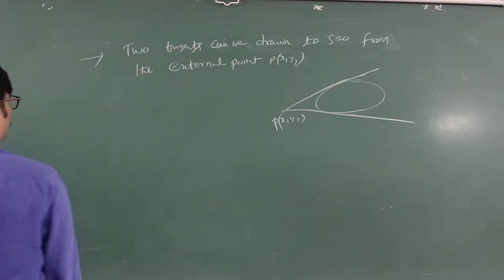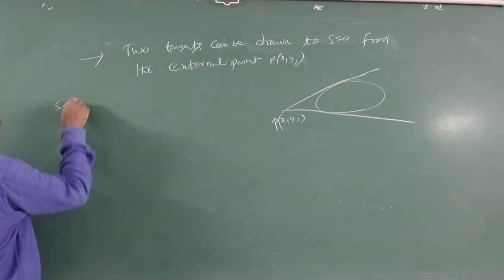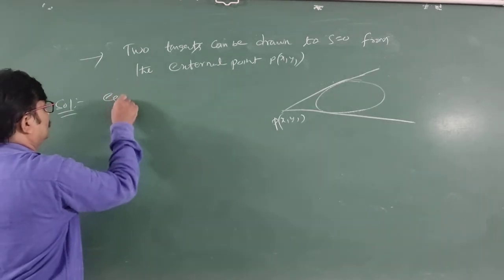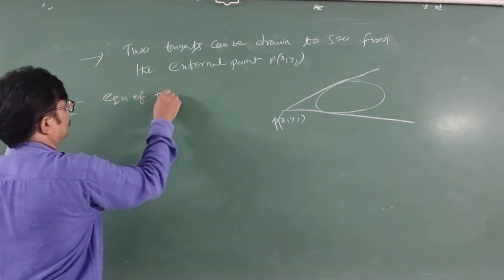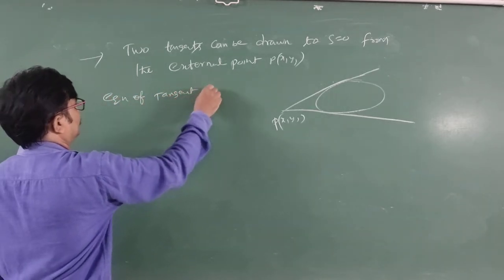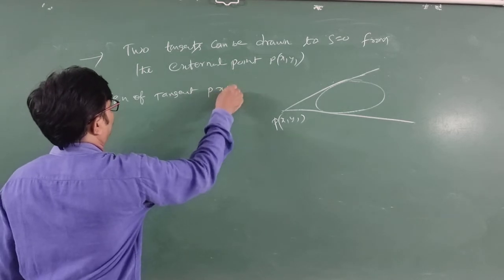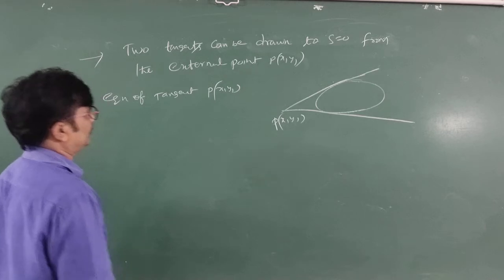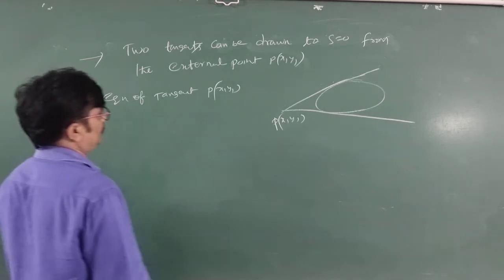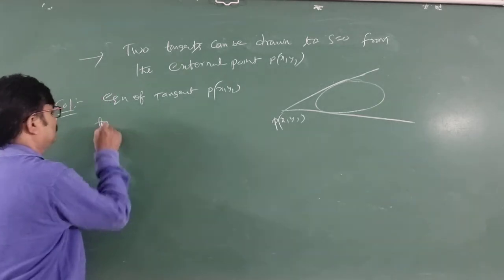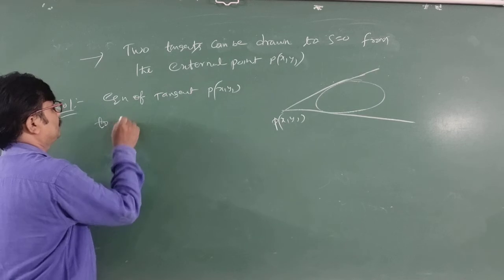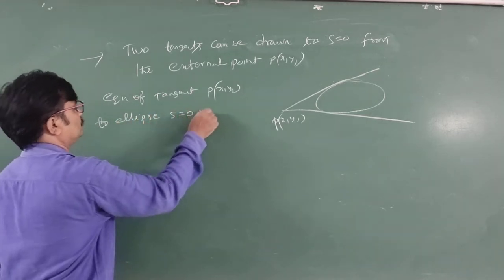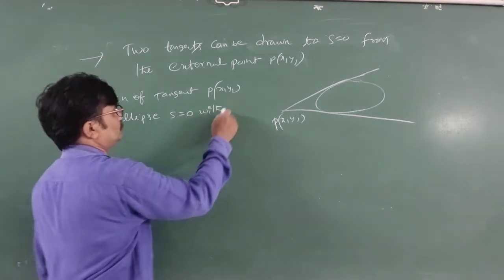So students, we take here the equation of the tangents from P(x1, y1) to the ellipse S equal to 0 with slope m.